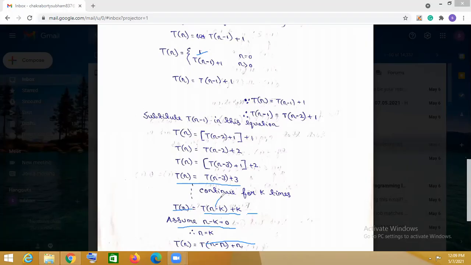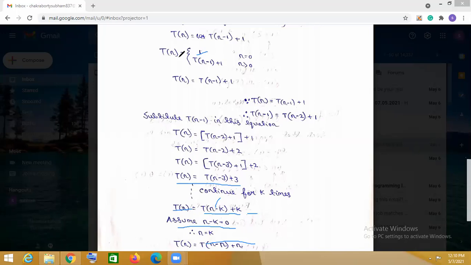So our main motto is to make this element n minus k equal to 0, because if we make n 0, then T0 equals 1. If the n value is 0, it will take one amount of time to finish this recursion.